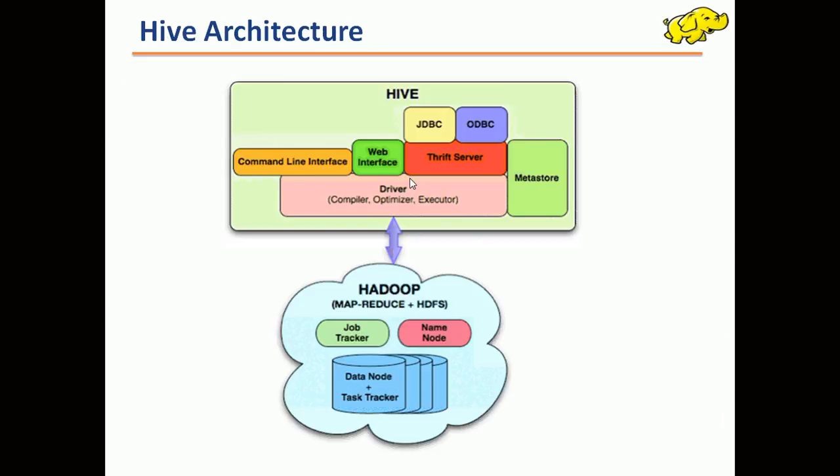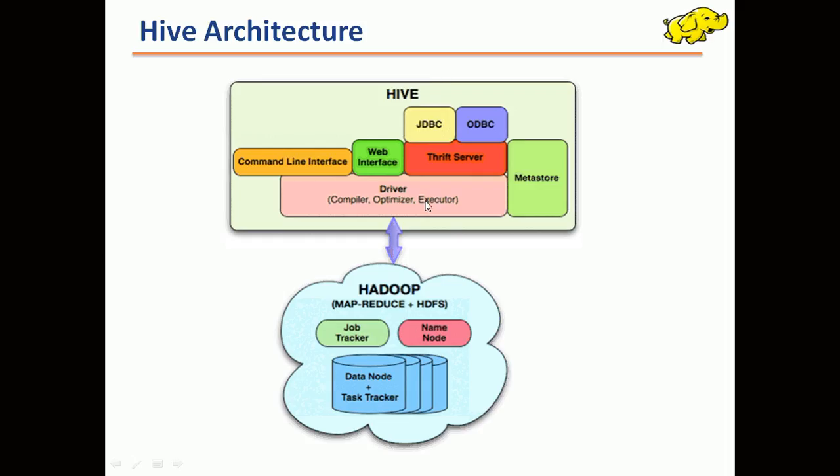Let me brief you about Hive architecture. Suppose you have data in a distributed file system, in HDFS. What are the ways Hive can access your data which resides in HDFS?